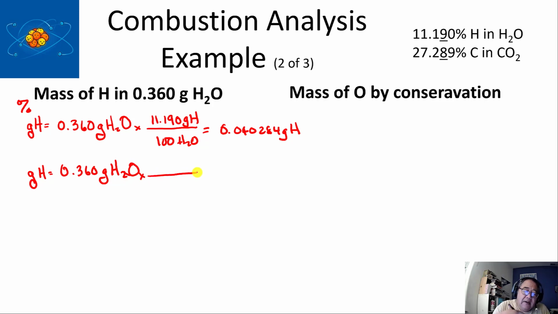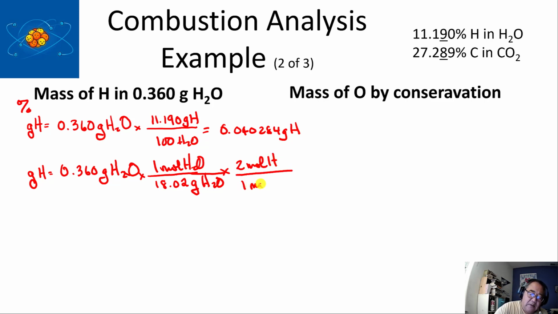So the molar mass of water is 18.02 grams of water for every 1 mole of water. Now, how many hydrogens are there for every water molecule, right? There's 2 moles of hydrogen for every 1 mole of H2O.